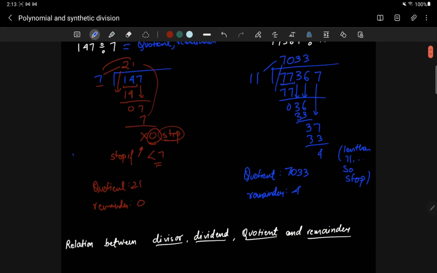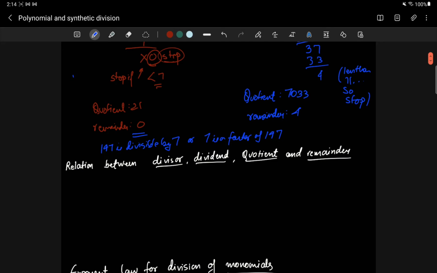Now recall that remainder 0 means that 147 is divisible by 7, or that 7 is a factor of 147. This particular language of divisibility and of being a factor carries forward even when we talk about polynomials.